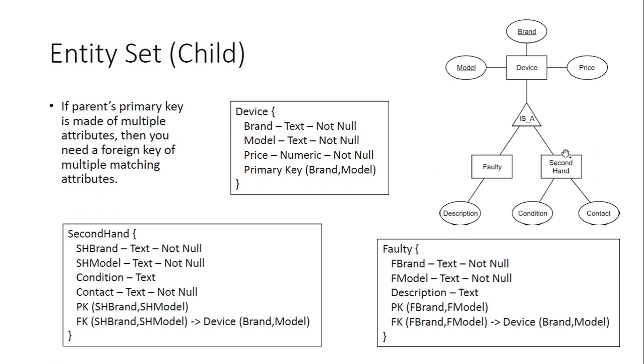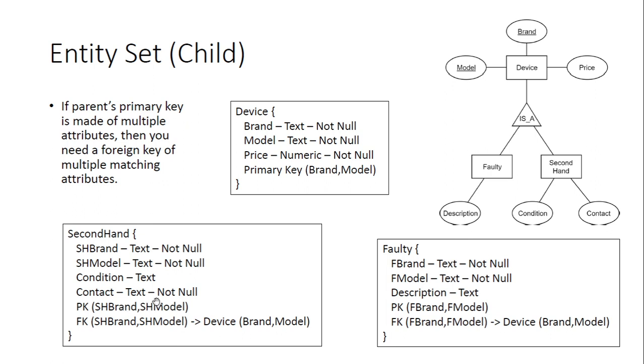So for second-hand devices, we keep the condition and contact information. For example, these are our additional attributes. Some of them could have not null option as well. So this is something we decide according to the description, but for the primary key, by default, we should write that they are not null, and the primary key, the composite primary key, is by default unique.